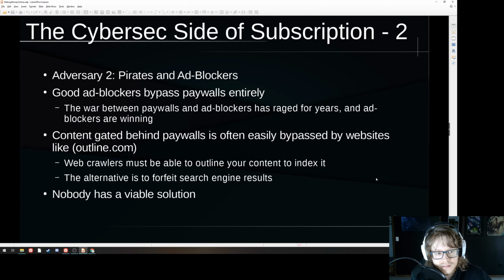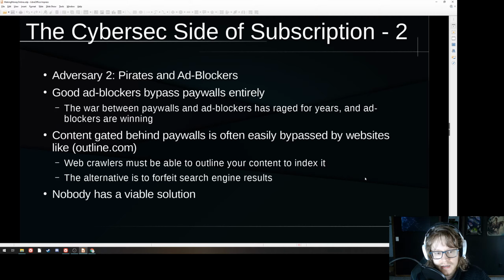So content gated behind these kinds of paywalls is usually bypassed very easily by going to a website like outline.com, which just reads the text of that website. And the reason that that bypass works is because for your page to be indexed by a search engine, which means for it to come up in the search results when somebody Googles, let's say you've written an article on cake and you want people to see it when they Google for news about cake.